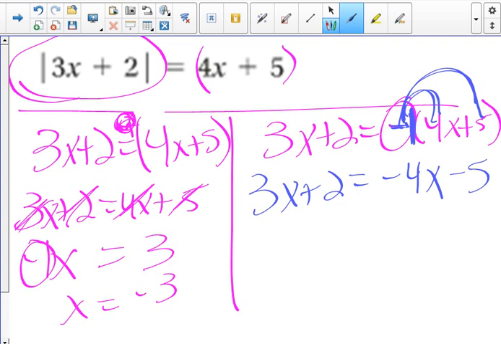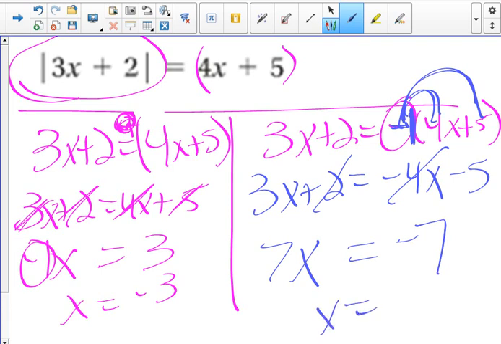You have to distribute the negative across to all the terms. Whatever's over there, put it in parentheses and distribute a negative to all the terms. Now solve. Add 4x to each side and you get 7x, and subtract 2 from each side and you get negative 7. Divide both sides by 7 and you get x equal negative 1. So there's your two answers.